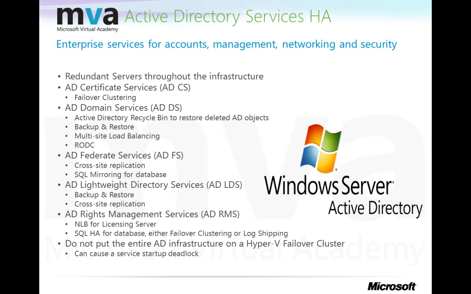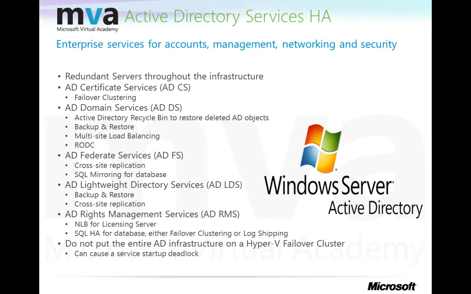Active Directory Federation Services have two different solutions for high availability. They can use replication across different sites. So if you have a federation service in Contoso and a federation service in Fabrikam, you can use replication to keep these two domain controller databases in sync. And then for the actual database itself, you can use SQL mirroring, which is another type of replication technology, to keep the information consistent across the sites.